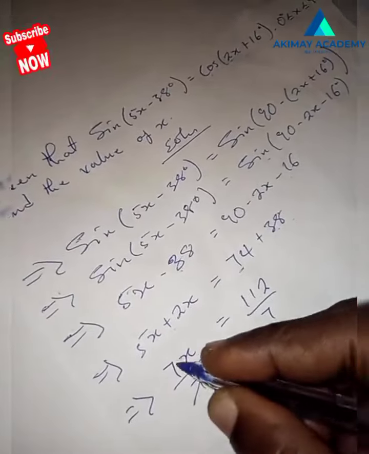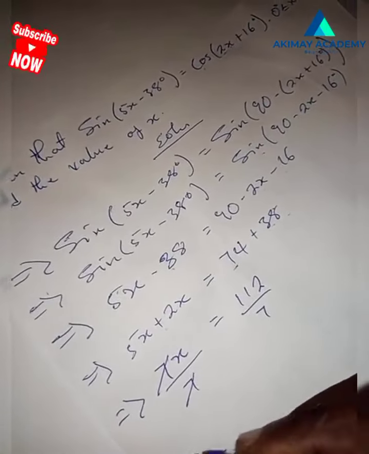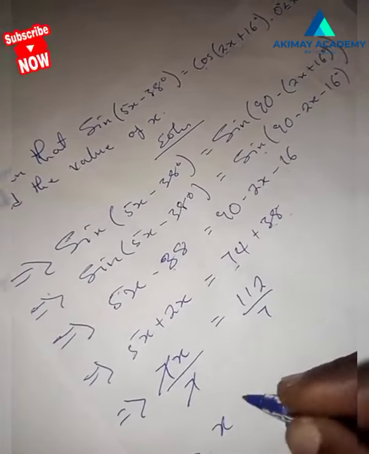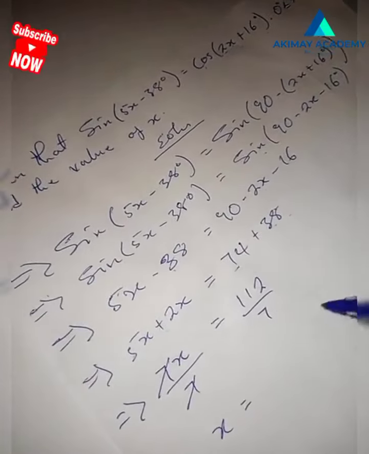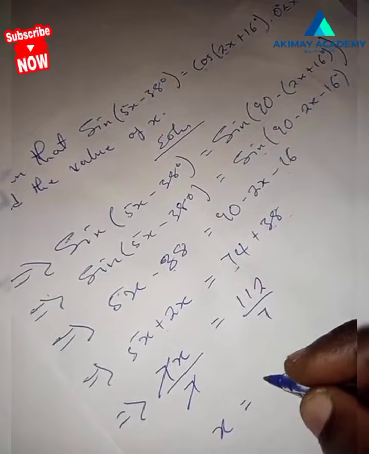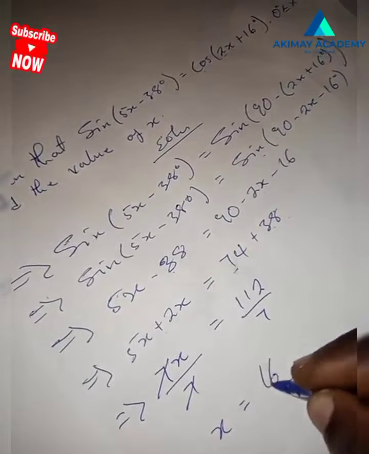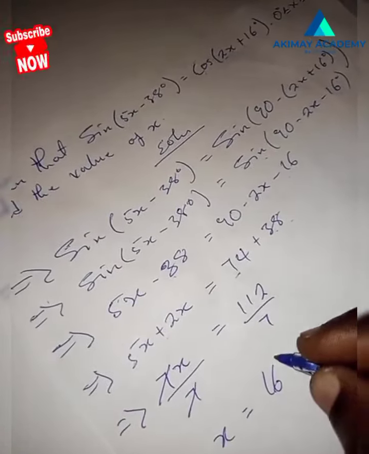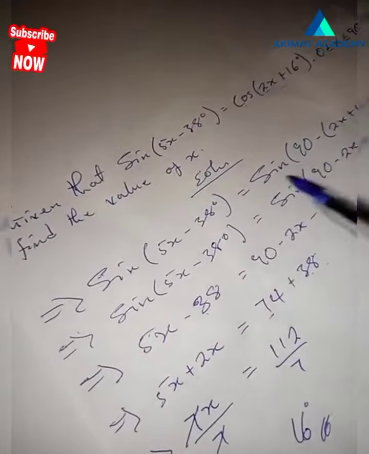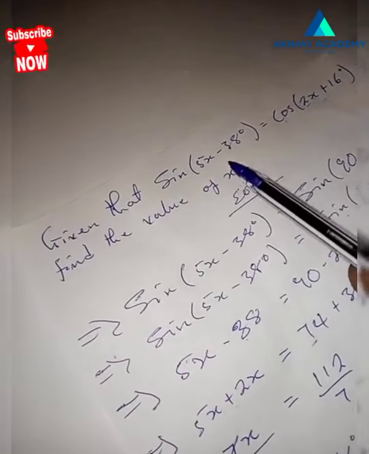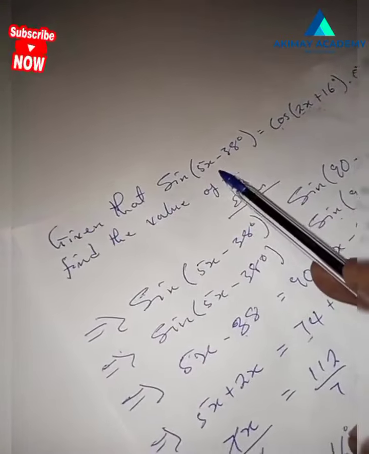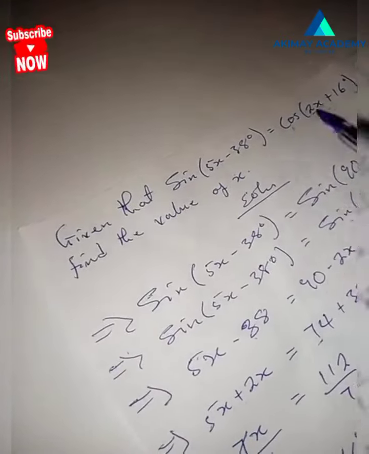So 7 cancels 7, and we have x equal to 16. So our x is 16 degrees. When you fix it inside, I think it will work.